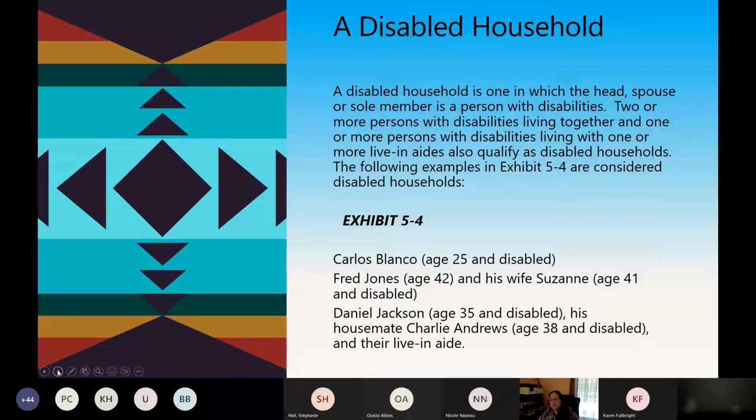The following examples in Exhibit 5.4 are considered disabled households. Carlos is 25 and he's disabled, so he lives by himself. Fred is 42, his wife Suzanne is 41 and disabled. They're a disabled household. Daniel is 35, he's disabled. He lives with his housemate Charlie, 38, who is disabled, and their live-in aide. Those are all disabled households.